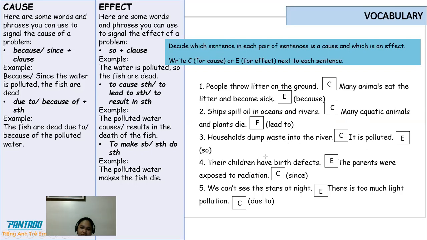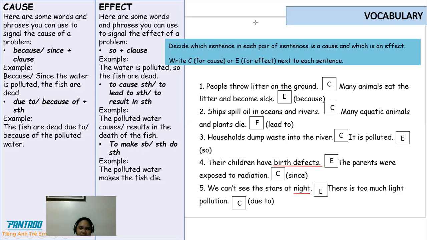It is polluted. Four, their children have birth defects. The parents were exposed to radiations. Five, we can't see the stars at night. There's too much light pollution.